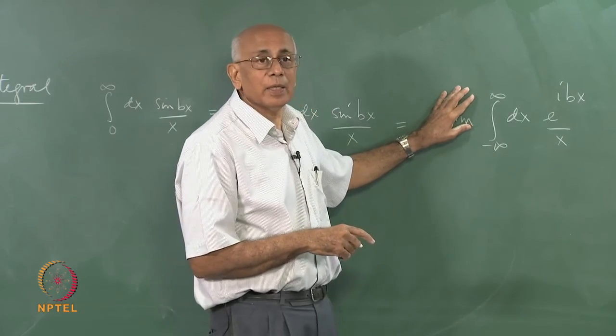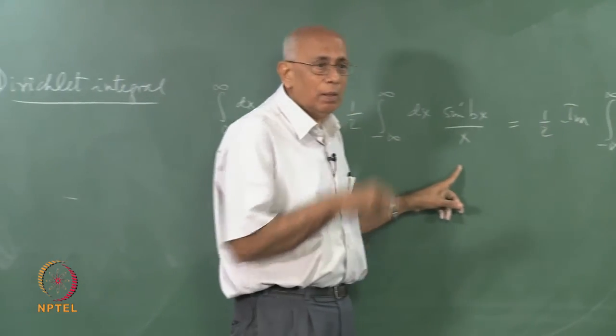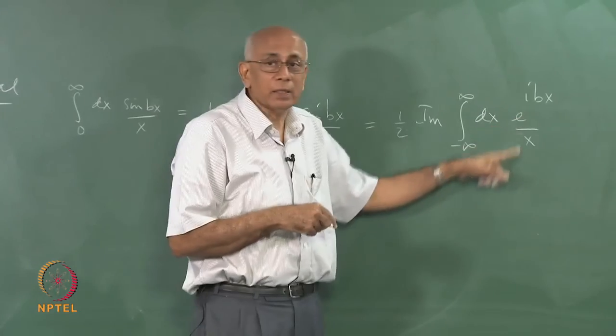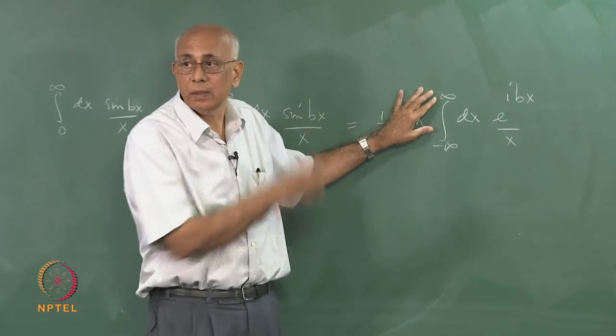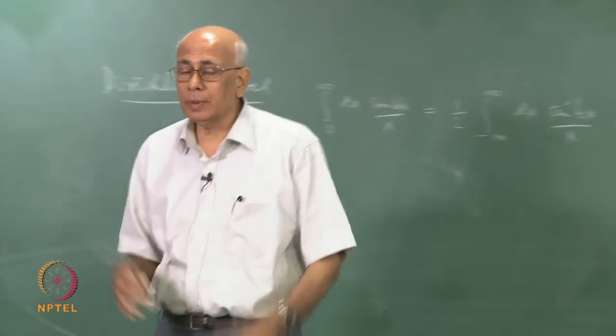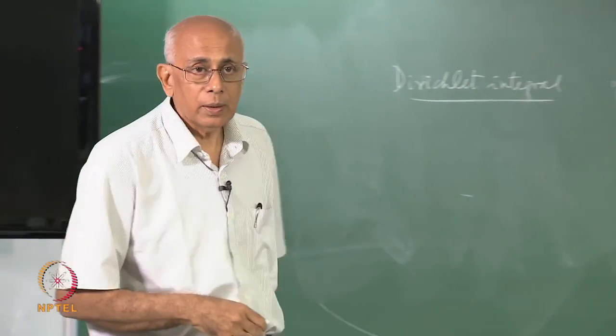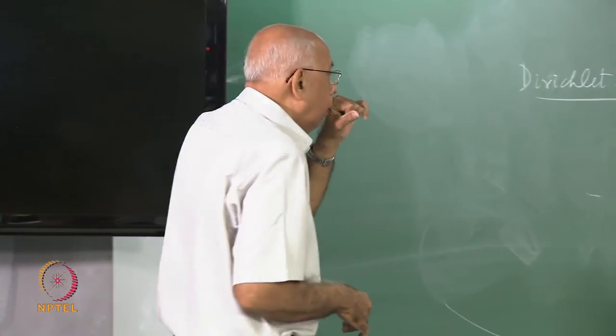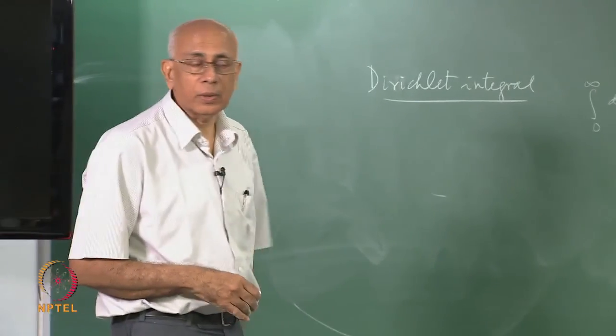It is true that if I take the imaginary part I get sine and it cancels, but the moment I write this integral itself it makes no sense, because at the origin it blows up, it is not integrable at all. So I need to be a little cautious about this.